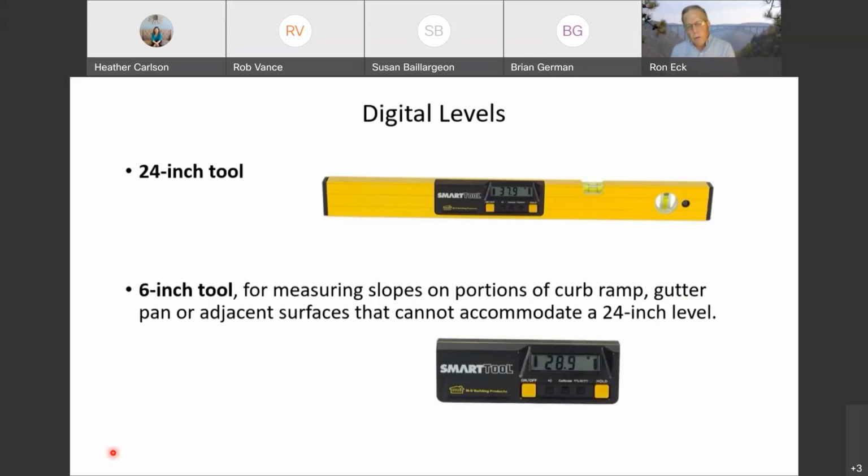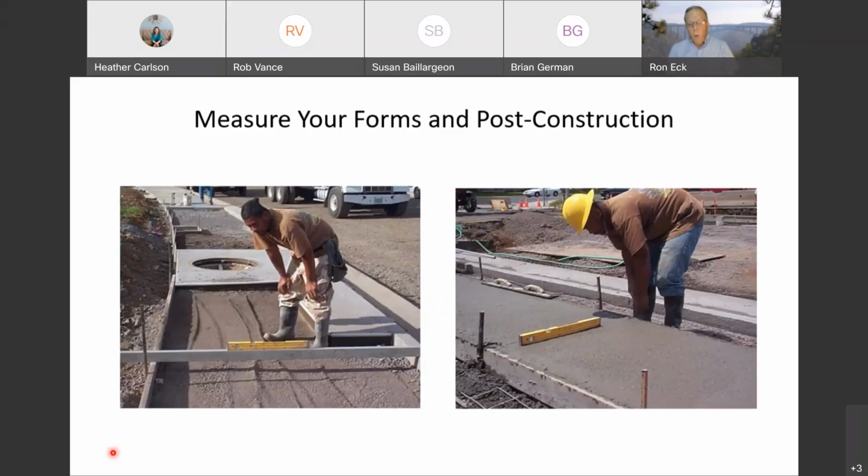Just as a reminder, make sure when you're making measurements that the level is set for percentage measurements and you're not reading degrees accidentally. So make sure it's set to the proper units. Measure your forms and then measure post-construction again.